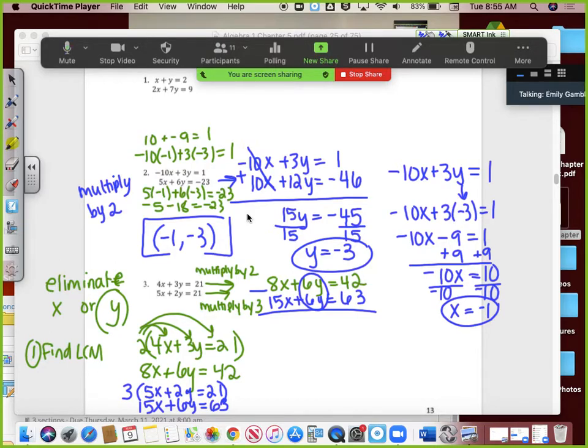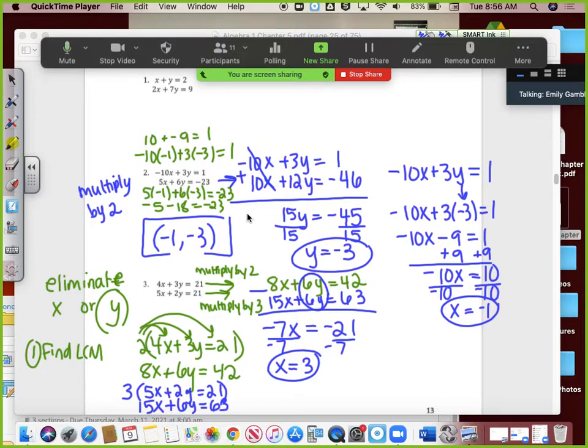All right, so the first part, 8x minus 15x, you should get negative 7x, equals 42 minus 63 is negative 21. So we get negative 7x equals negative 21. We'll divide both sides by negative 7, and what will we get for x? 3.